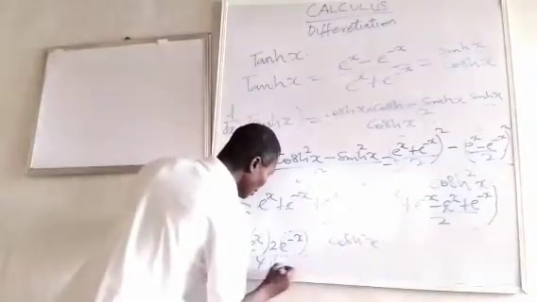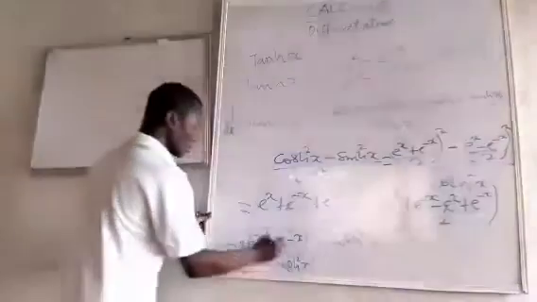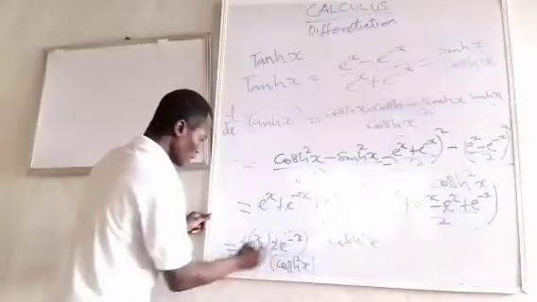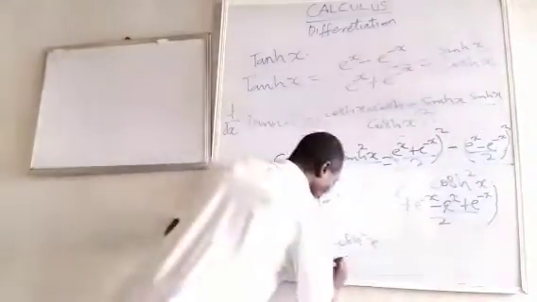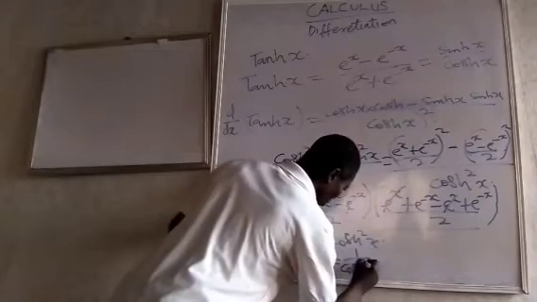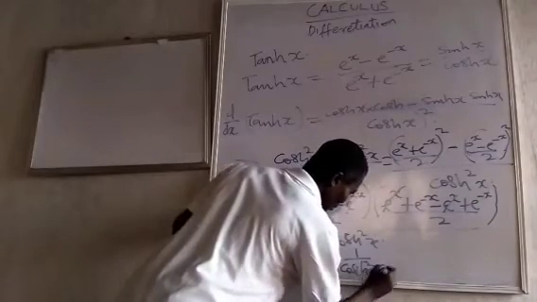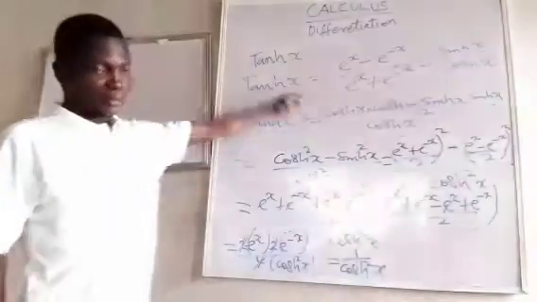Now I divide this again by cosh square x. You can see that e raised to the power x times e raised to the power minus x will be equal to 1. So at the end of the day, I'm going to have 1 over cosh square x. So that's the differentiation of tanh x.